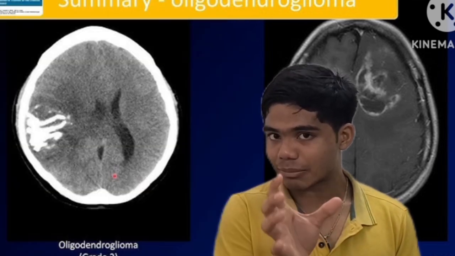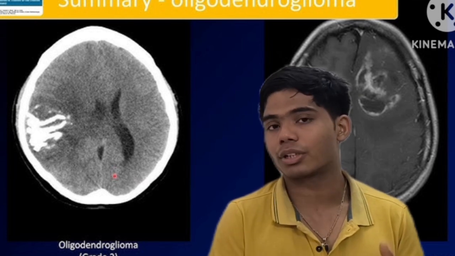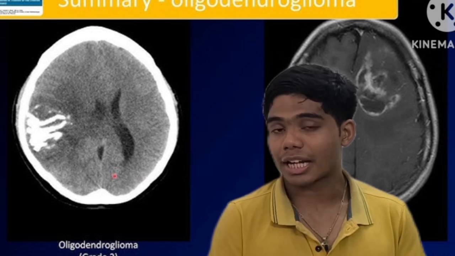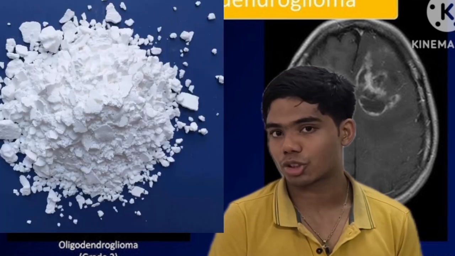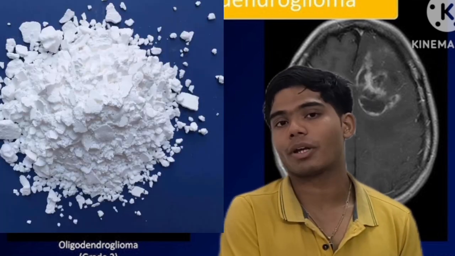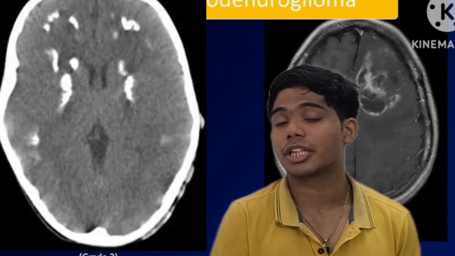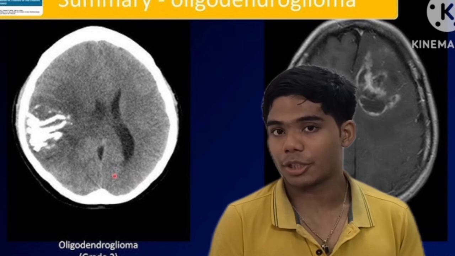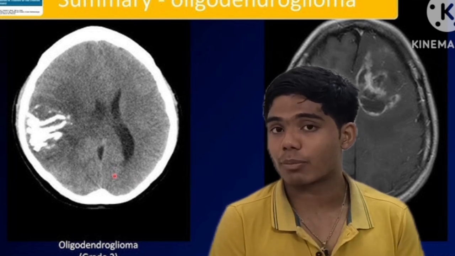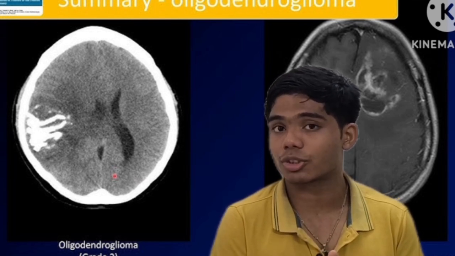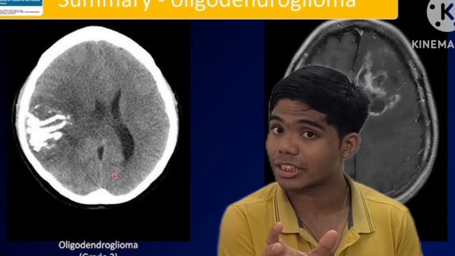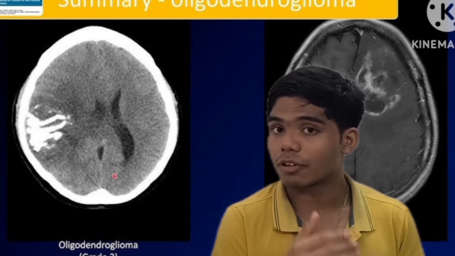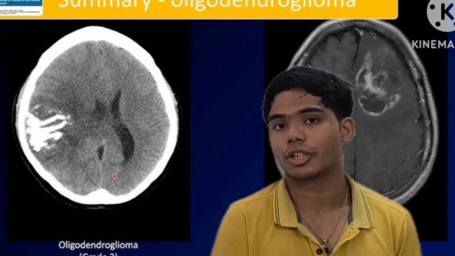Since the calcium metabolism is affected, the calcium level rises and abnormal calcium salts are formed, and these abnormal calcium salts get deposited in the damaged tissues of the brain or in the brain tumor. So due to this abnormal deposition of calcium salts in the tumor, calcification is found in the histopathology of oligodendroglioma.